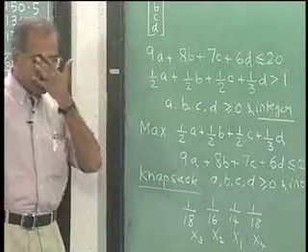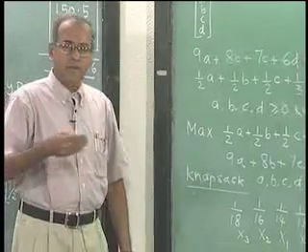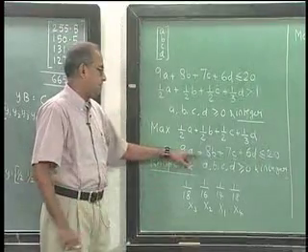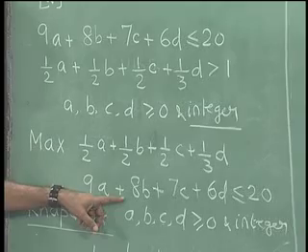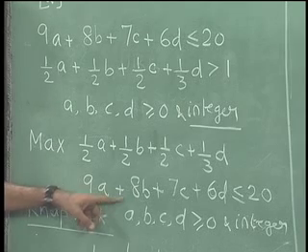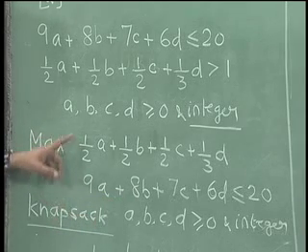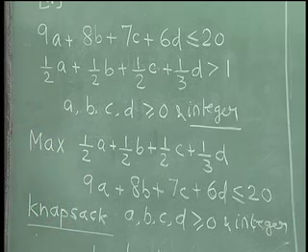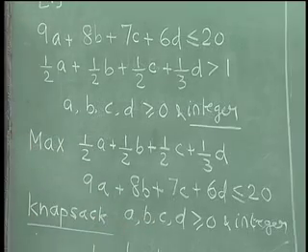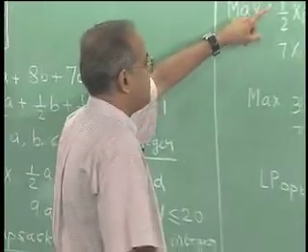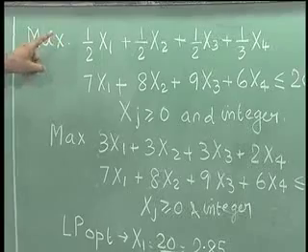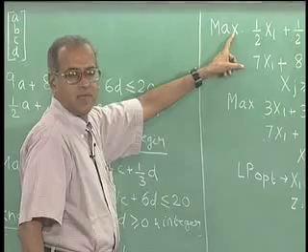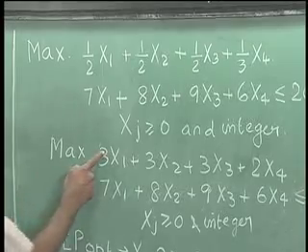We also borrowed some ideas from the LP relaxed version of a single constrained knapsack and said that if we treat it as an LP and solve it, only one variable will be in the solution, and that variable is the one that has the largest ratio of objective function coefficient to constraint coefficient. So, we sorted the variables in decreasing order of this ratio, and then we formulated another problem. In order to simplify the objective function further, we multiplied it by 6, which happens to be the LCM, and then we got this problem.